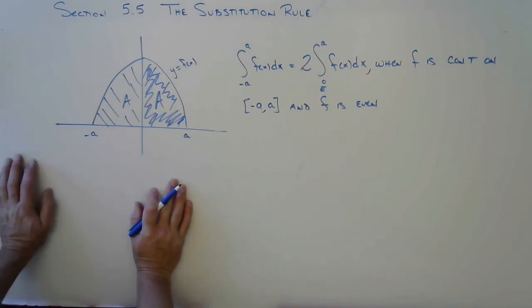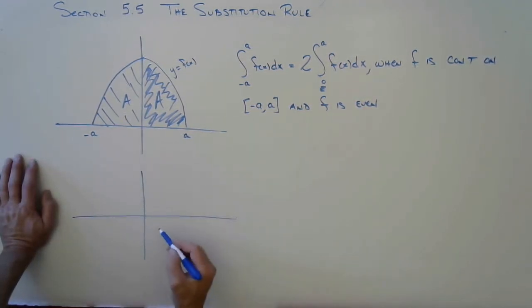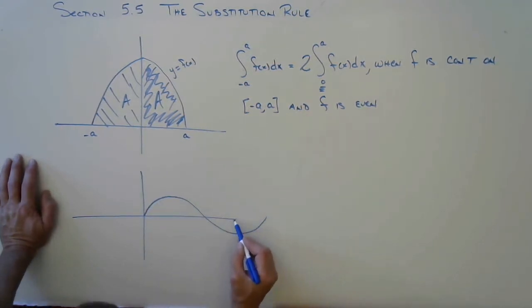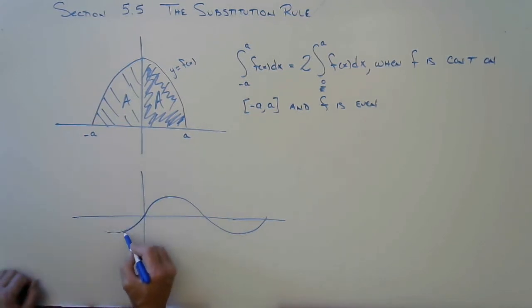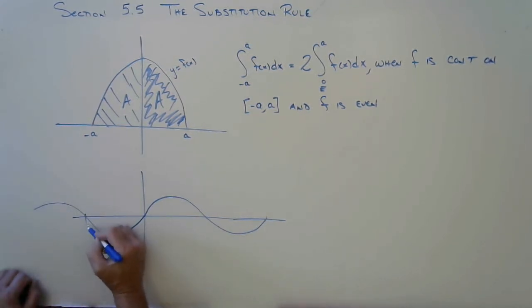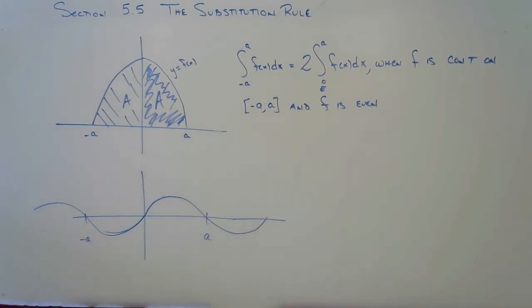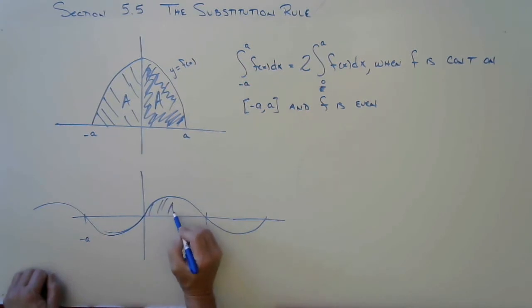Now what about when we have a function that's odd, right? Let's think about our graph of sine. Sine looks like this, right? And let's call this negative a, and let's call this a. Well, what do we know about this area right here?